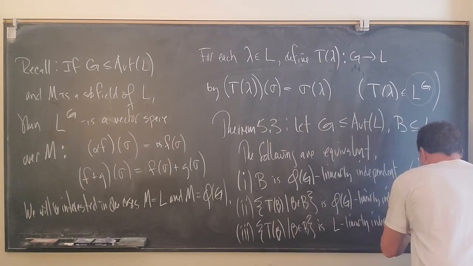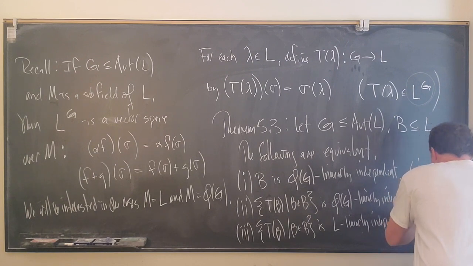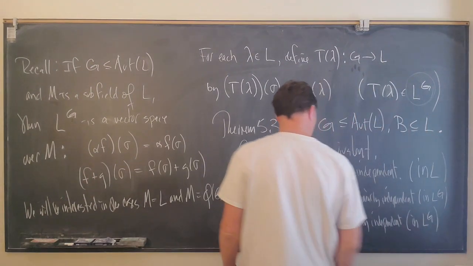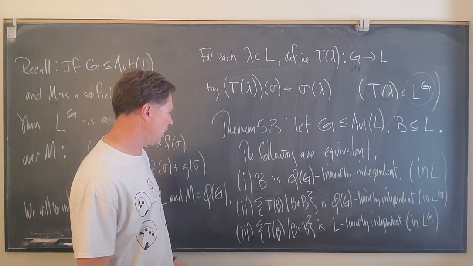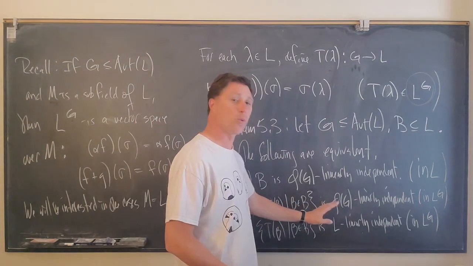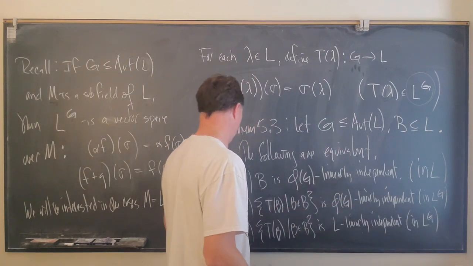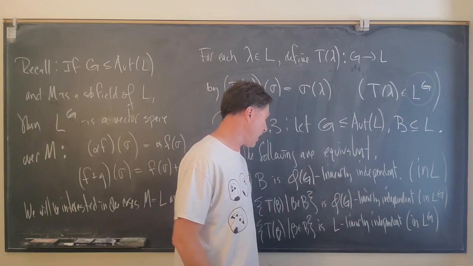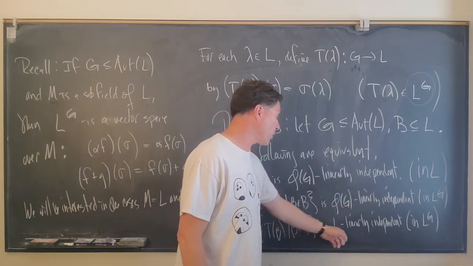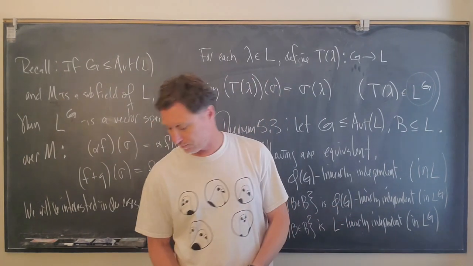And once again, this is happening in L to the G. So that's a little curious here. Notice that part 2 is working with scalars in phi of G, the fixed field, and part 3 is working with all possible scalars, everybody in L.